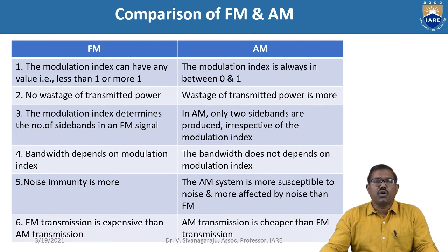Noise immunity is more in FM, whereas the AM system is more susceptible to noise and more affected by noise than FM. And the last one is transmission. FM transmission is more expensive than AM transmission, whereas AM transmission is cheaper. Okay.